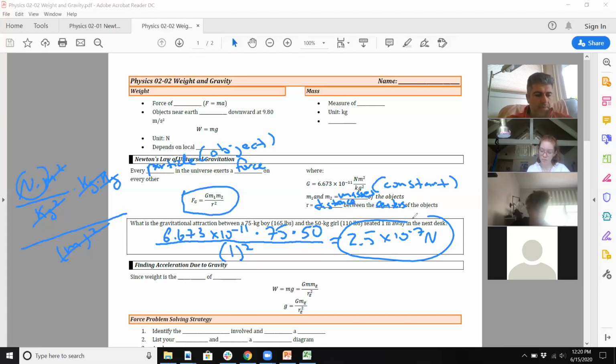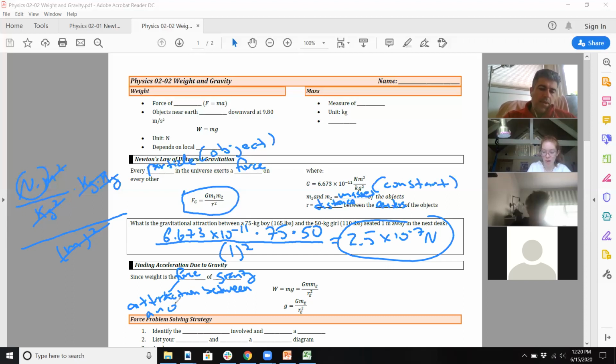Now, acceleration due to gravity. Since weight is the force of gravity, you could actually calculate it. So for example, the force due to gravity is the attraction between the object and the Earth. You could be an object. The chair next to you could be an object.